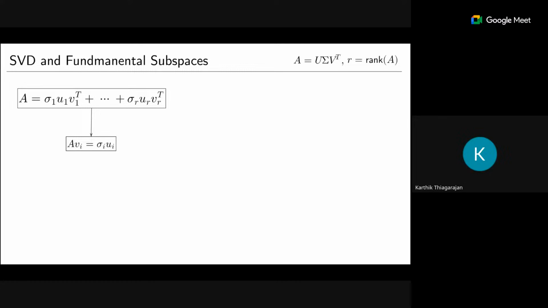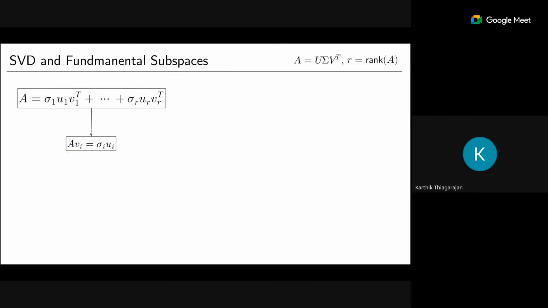Correct, that is one use of this equation. Does this remind you of anything else? For square matrices, A v equals lambda v. But for a rectangular matrix in general, you don't have eigenvalues; you have singular values. So this is something like A into something equal to sigma into something else. This is an extension of the eigenvector, eigenvalue idea to a general rectangular matrix: A v equals sigma u.